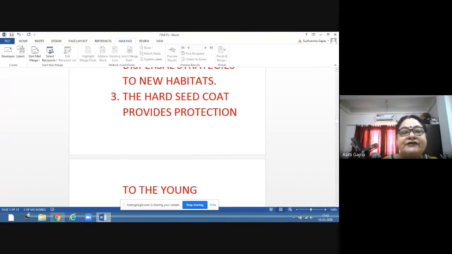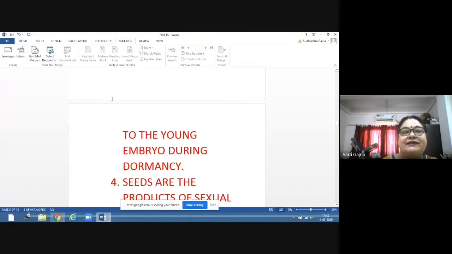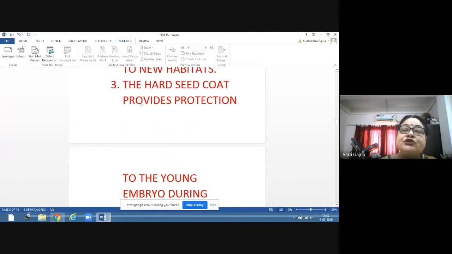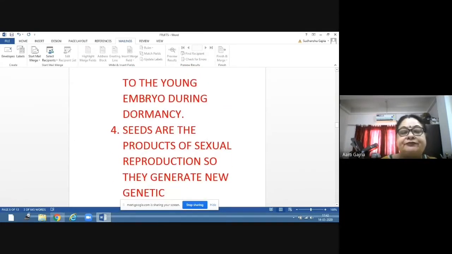The hard seed coat provides protection to the young embryo during dormancy. The seed coat is also advantageous because it provides protection to the young embryo during dormancy.